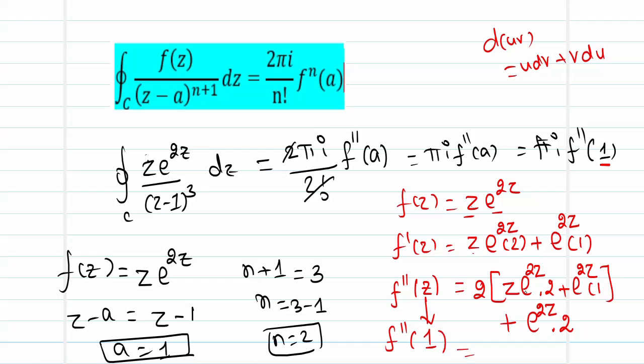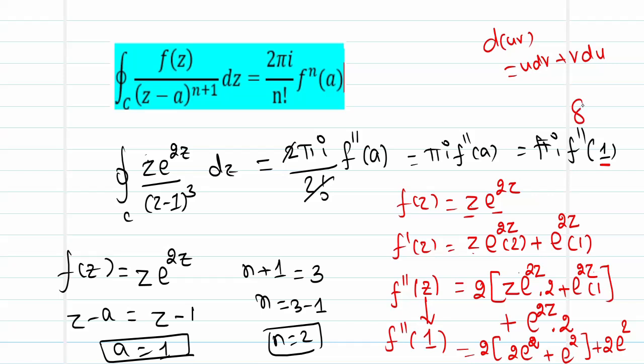So this becomes 2, z becomes 1, e power 2z becomes e to the power of 2, plus z takes the value 1, e to the power of 2 plus 2 e to the power of 2. So 2 e power 2 plus e power 2 makes it 3 e power 2. 3 2s are 6 e power 2. 6 plus 2 makes it 8 e power 2.